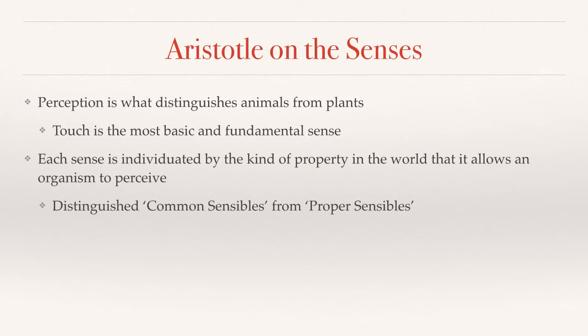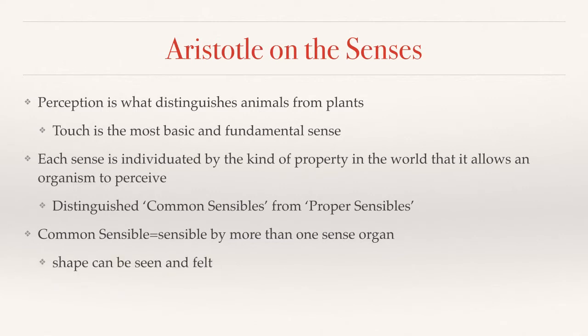Now, he further distinguishes what he calls the common sensibles from proper sensibles. And to start with common sensibles first, what he means by saying that something is a common sensible is that it's the type of property which is detectable or sensible by more than one sense organ. And so one obvious example here is shape.